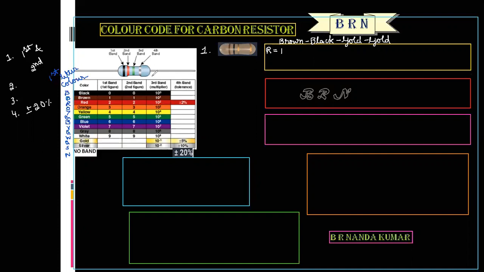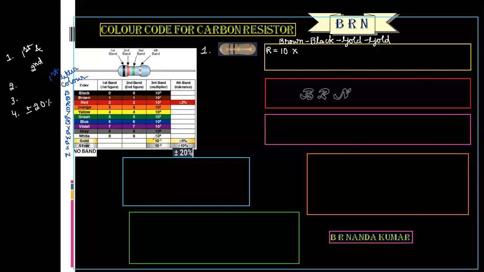So black means the significant digit is, now look at the second column, what is the significant digit for black color? That is 0, right? So 10 into. The third one is gold. So gold means what is the multiplier? Look at the chart.